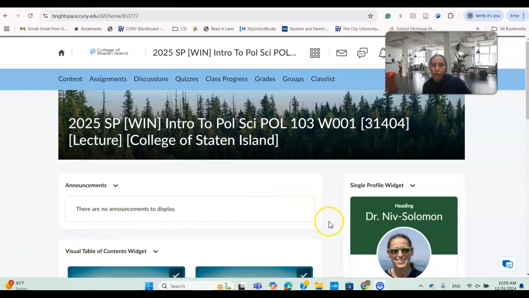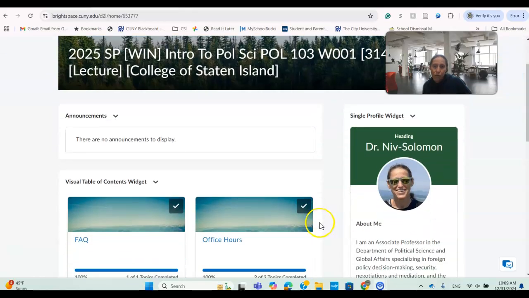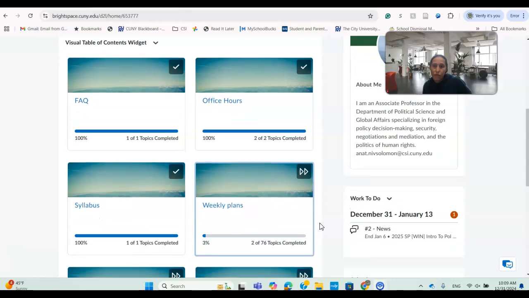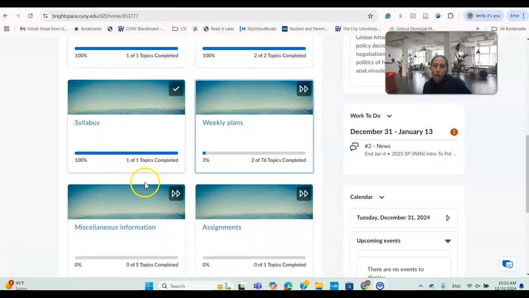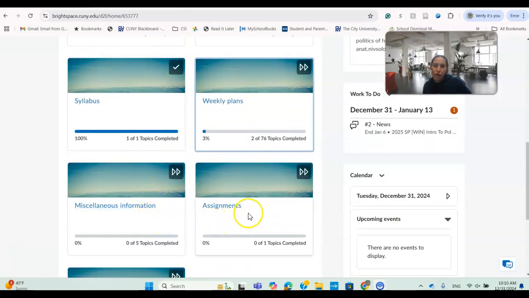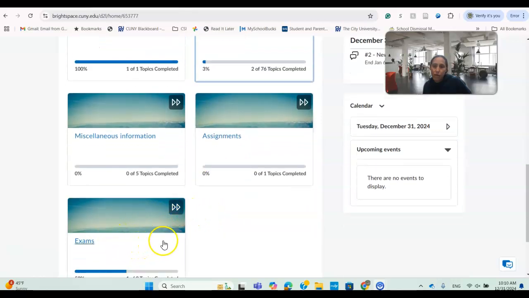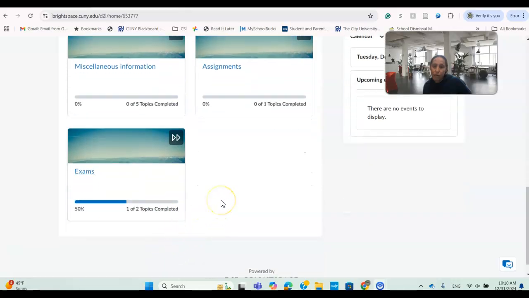Right, so this is the screen that you're supposed to see when you log into Brightspace and enter our class. What I want you to see over here is that you can have some general information like questions that provide you more information, access to my virtual office hours, the syllabus and the weekly plans, as well as assignments and other things, and exams, of course.